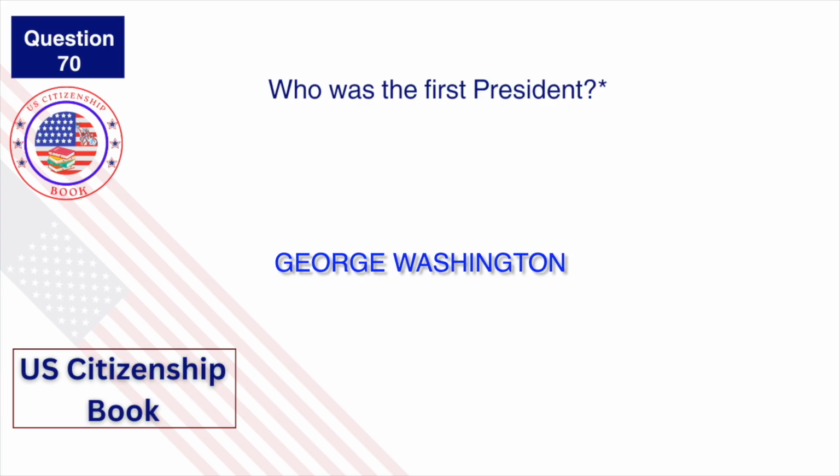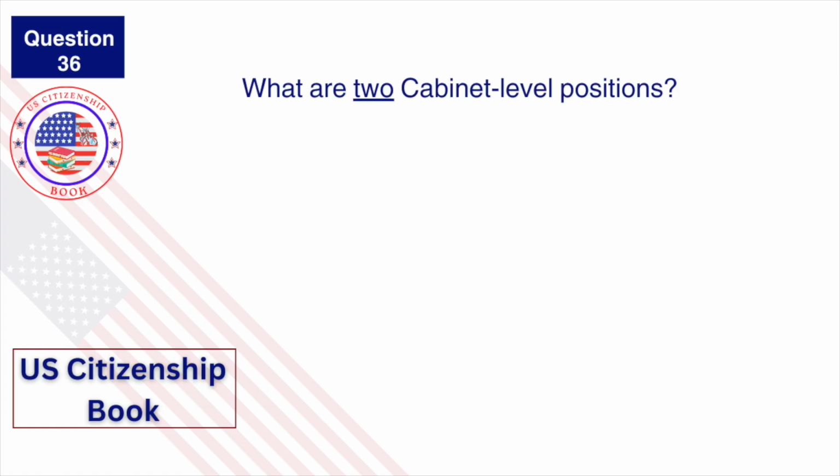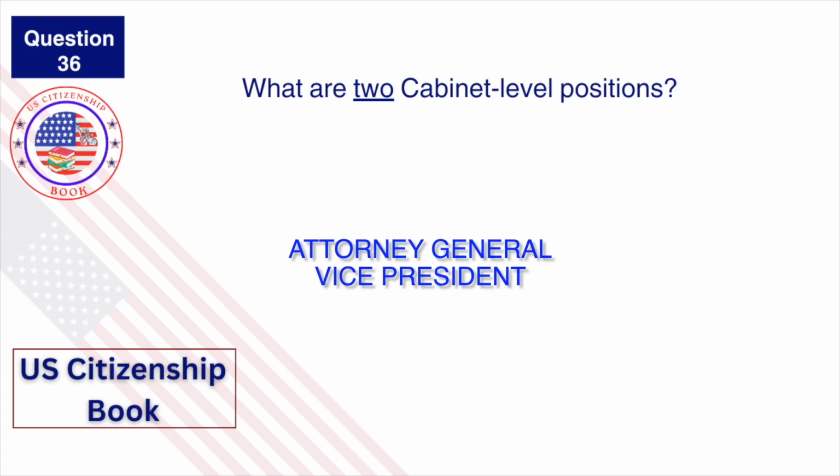George Washington. What are 2 cabinet-level positions? Secretary of Defense. Secretary of Education.